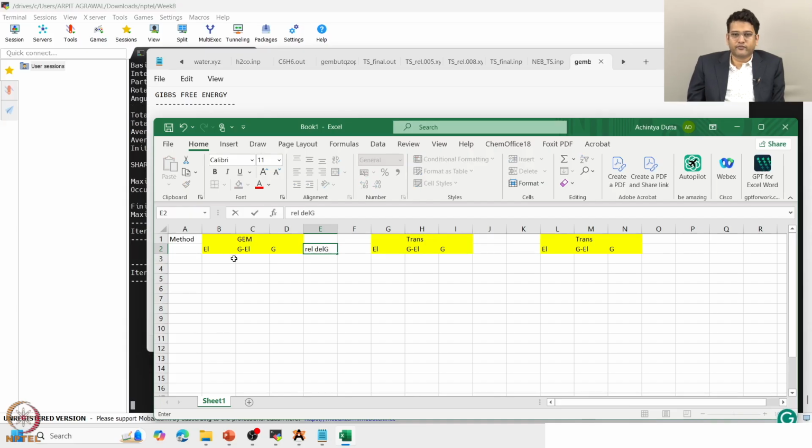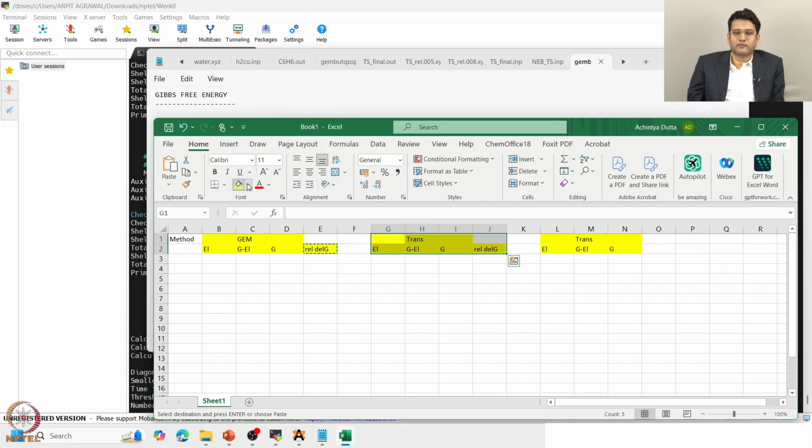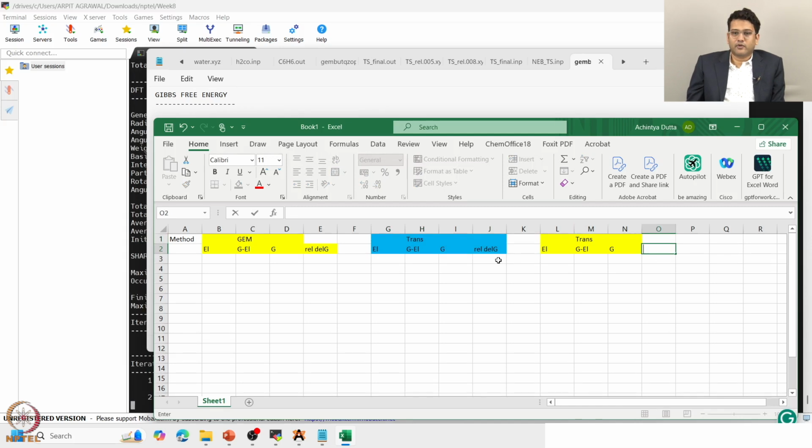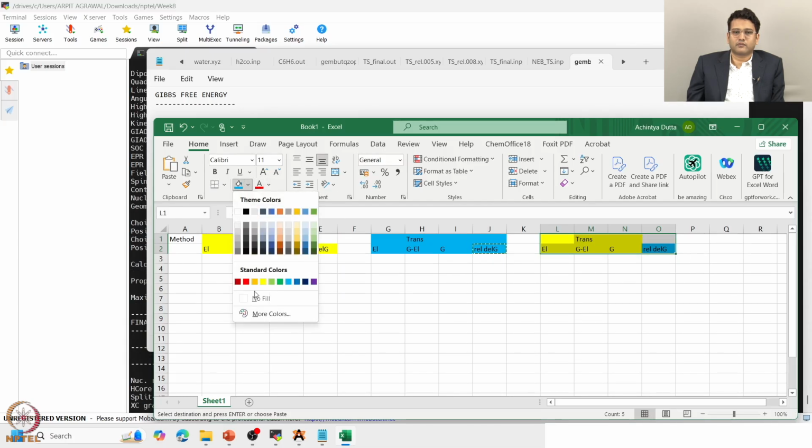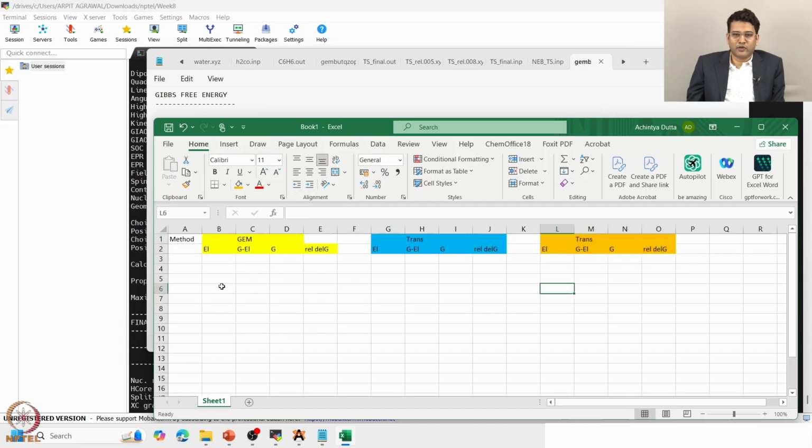It's relative delta G. We should change the color, and this is also relative delta G. So we are all set for the calculation.